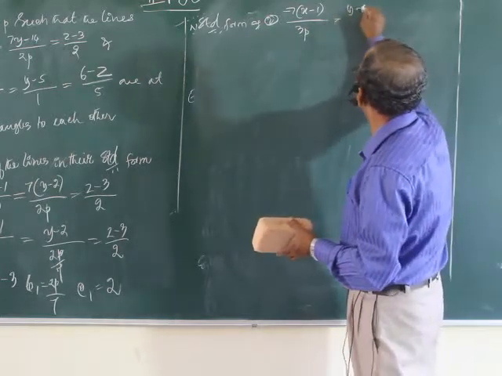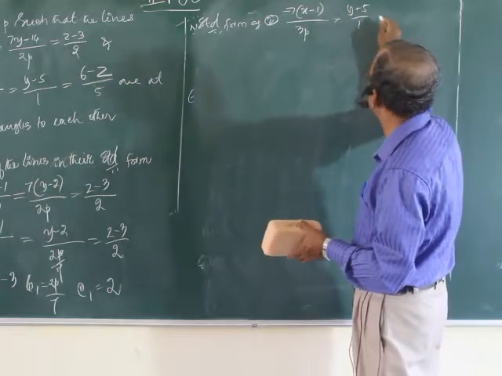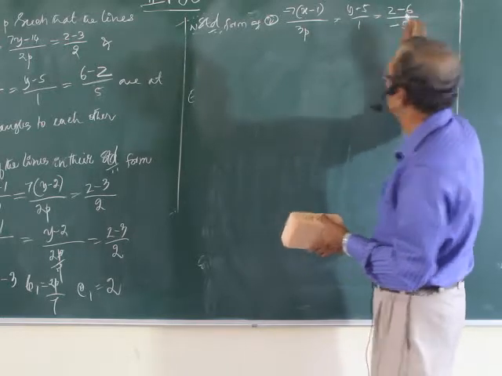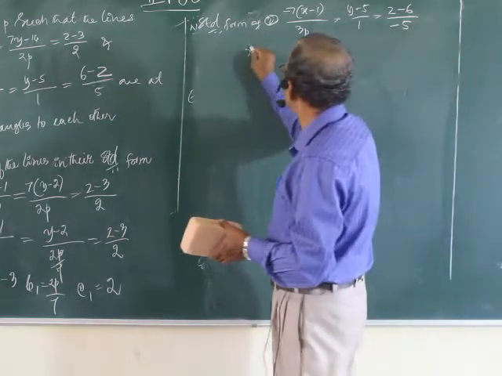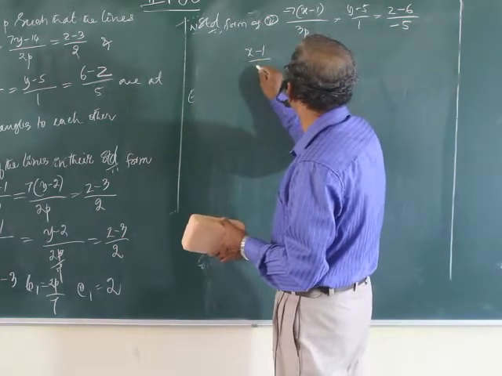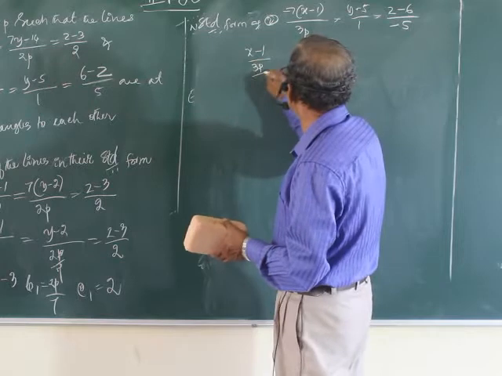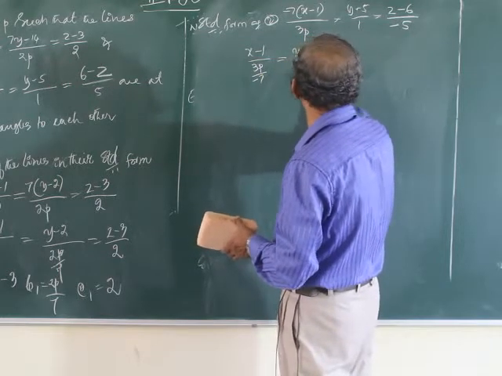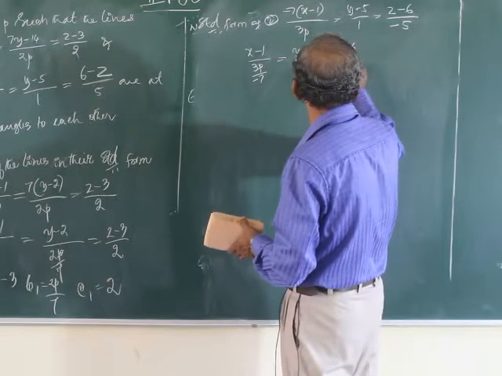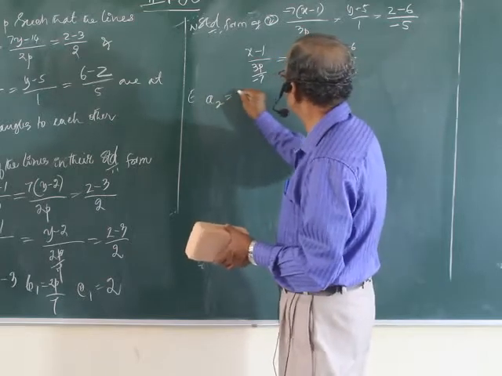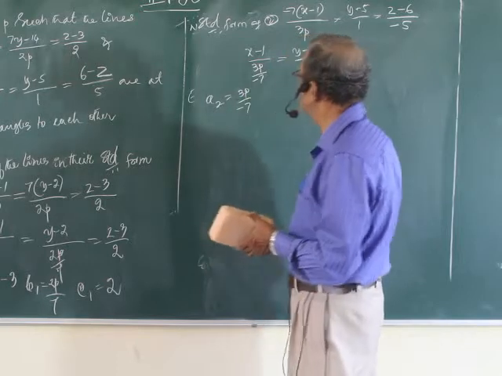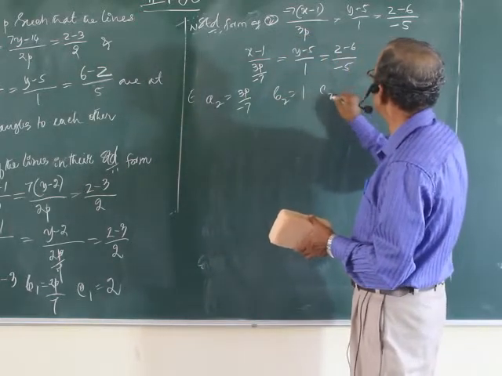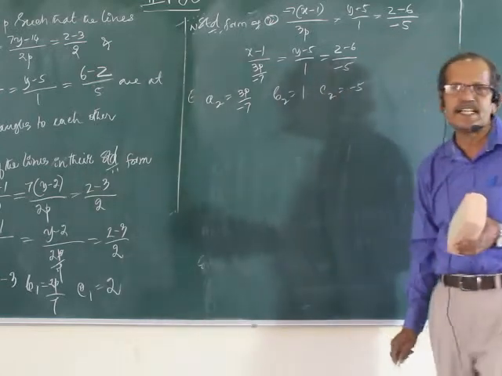Y minus 5 by 1 is in the standard form. Z minus 6 divided by it should be minus 5. Or x minus 1 divided by 3p by minus 7, y minus 5 by 1, z minus 6 by minus 5. A2 is 3p by minus 7, b2 is 1, c2 is minus 5. Now it is in the standard form.